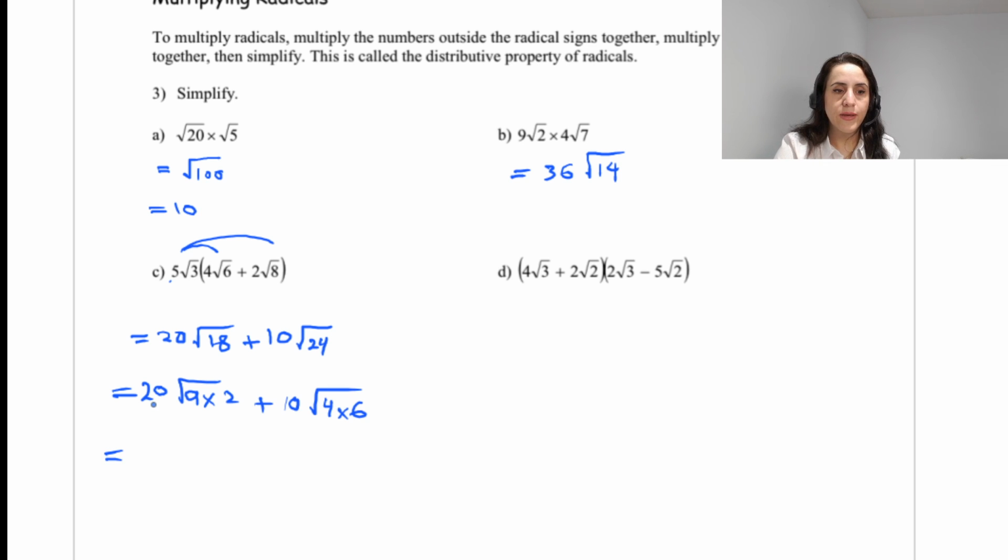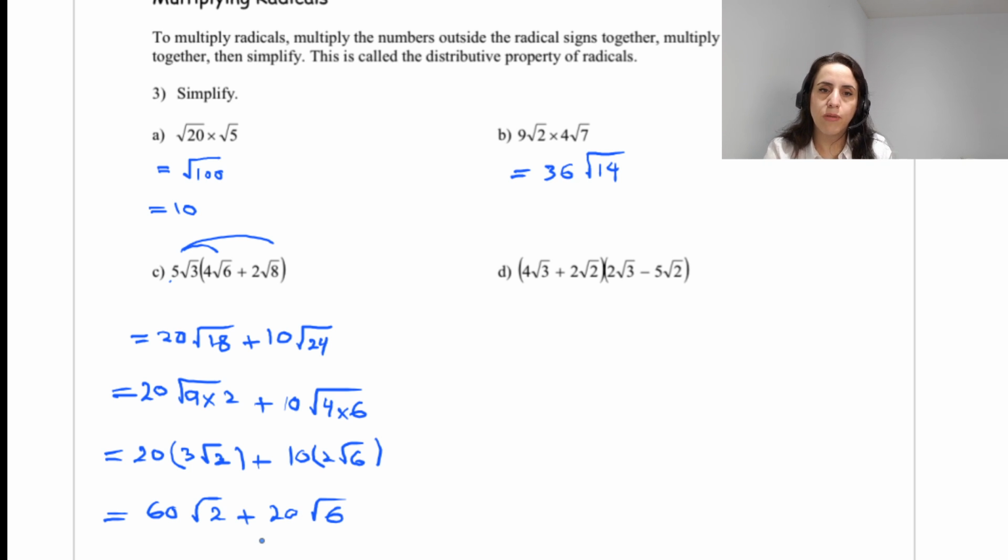Now I have a radical 9 that makes 3 for me. 3 is multiplying by, let me write it step by step. And I cannot simplify more than this.